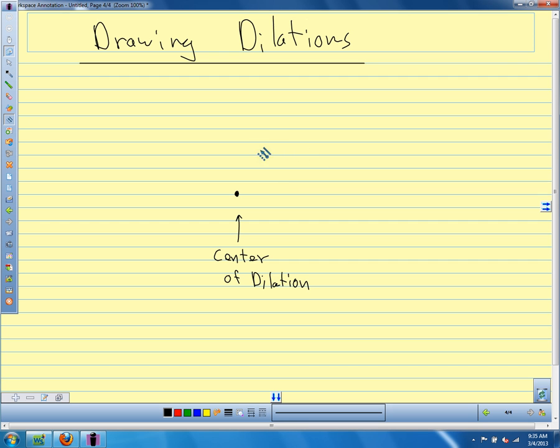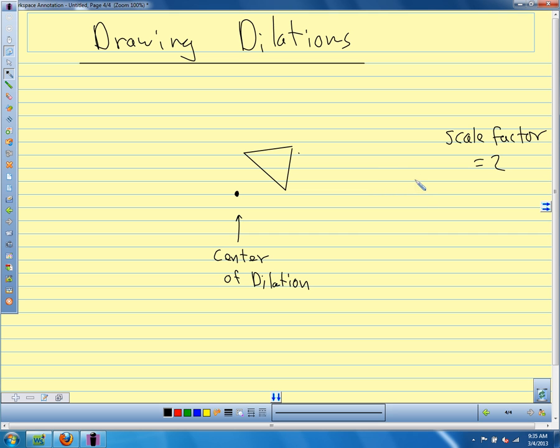So let's do a dilation of this triangle. Let me make it just a little closer to my point so it'll fit on my screen better. So I'm going to do a dilation of this triangle. And for this dilation, we're going to say that the scale factor equals 2. So the problem is saying draw a dilation of this triangle with a scale factor of 2.